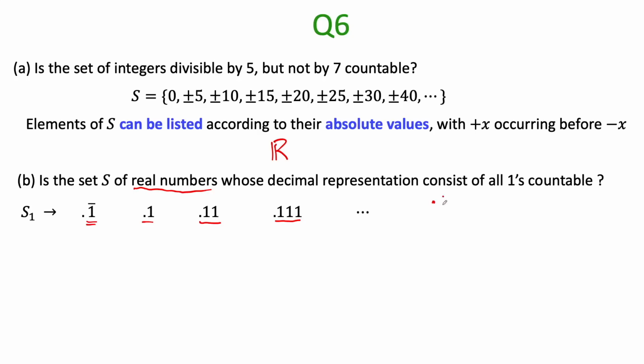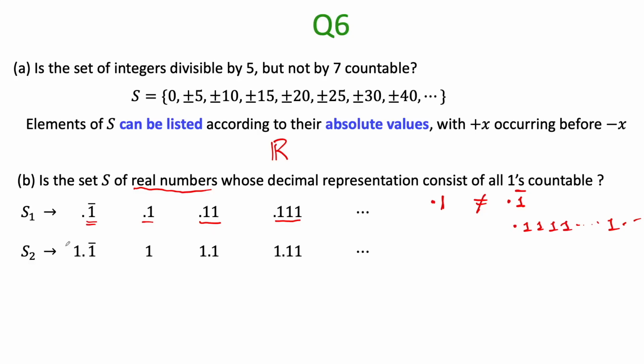Remember, 0.1 is not the same as the real number where 1 is recurring. In 0.1 you don't have anything after the first one, but 0.1 with a recurring one denotes a real number which is clearly different from 0.1. These are the elements in my set S1, and I have a valid listing here.